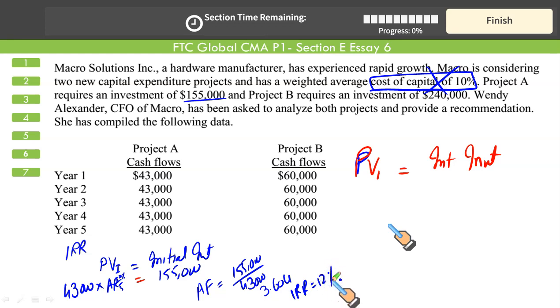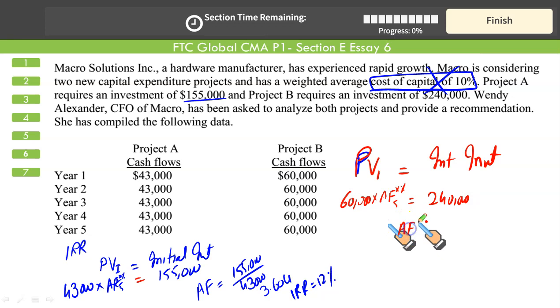Let's do the same thing for our second project. Present value of inflows of $60,000 multiplied by the annuity factor AF, 5 years at a certain percentage which we do not know, equals the initial investment, which in this case is 240.